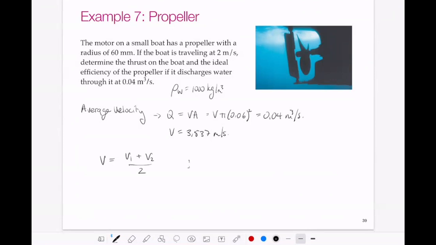And we also know Froude's theorem, which is that the thrust is equal to rho times pi r squared over 2 times v2 squared minus v1 squared. So we know v. How can we find v1 and v2?